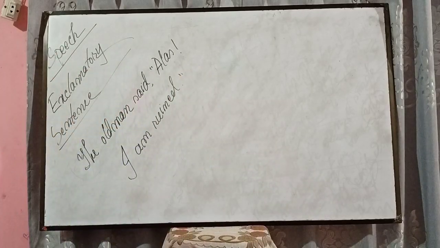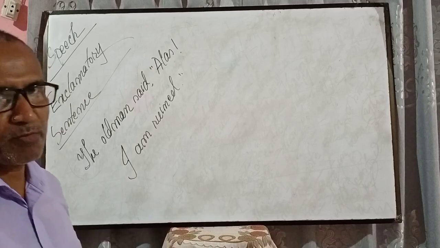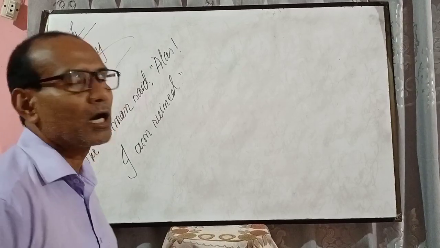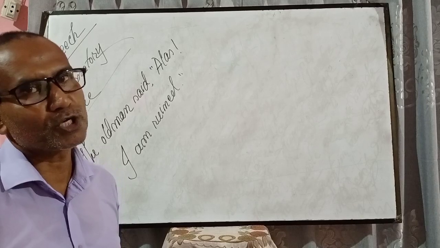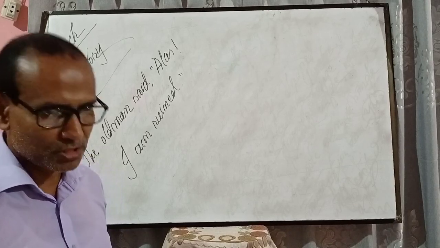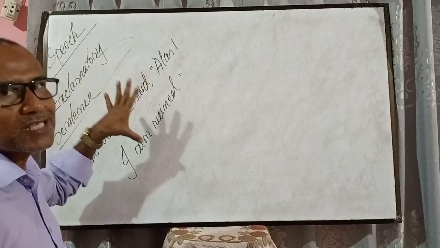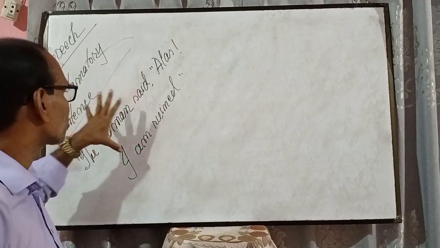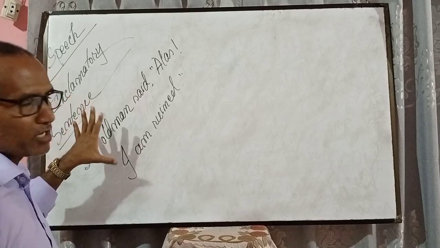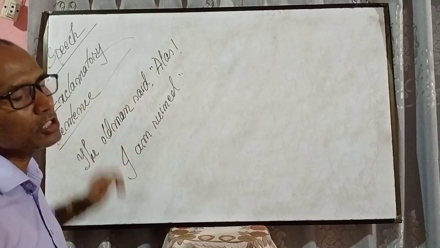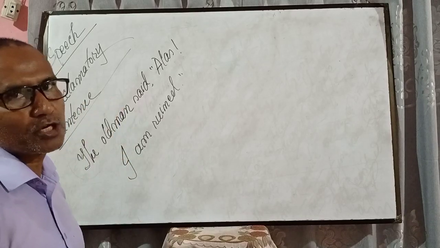What does it mean? The old man said, alas, I am ruined. Old man বলল, হায় হায় আমার সর্বনাশ হয়ে গেছে. What does it mean? The outburst is regarding sadness, sorrow. তার মানে ওল্ড ম্যান খুব দুঃখের সহিত চিৎকার করে বলছিল যে তার নাকি সর্বনাশ হয়ে গেছে.